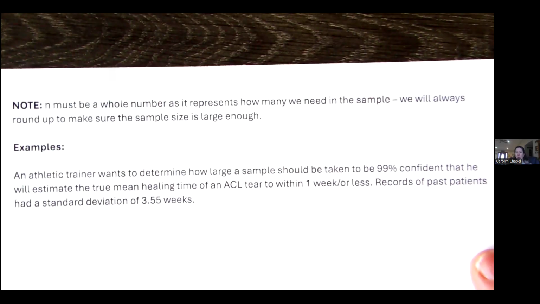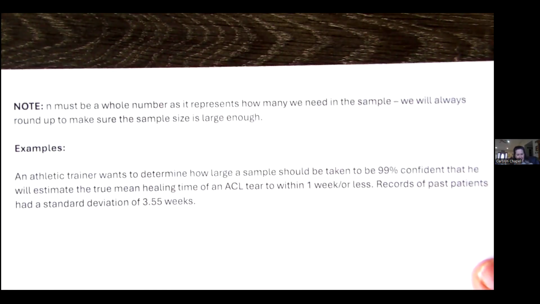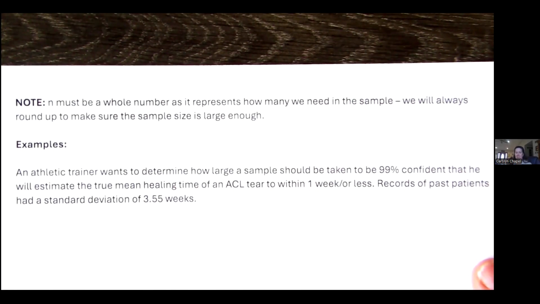So we always, always, always round up when we're talking about sample sizes. And getting one more person to make sure that I get the accuracy and the confidence I wanted is better than not getting that piece that I needed or wanted.